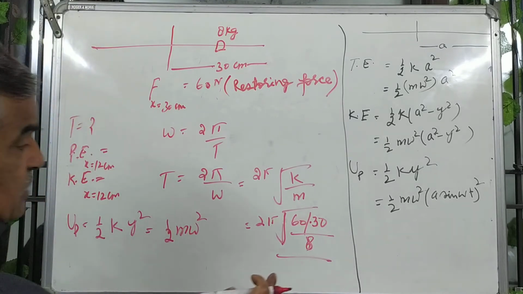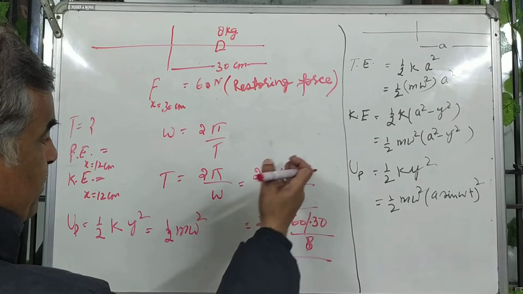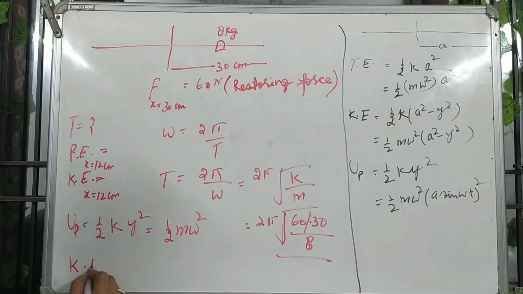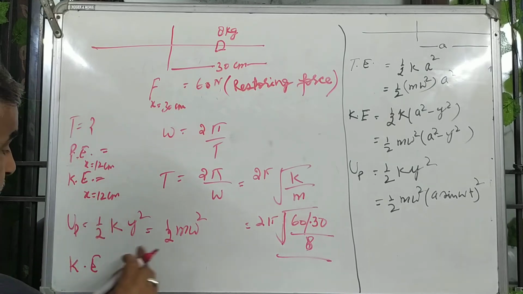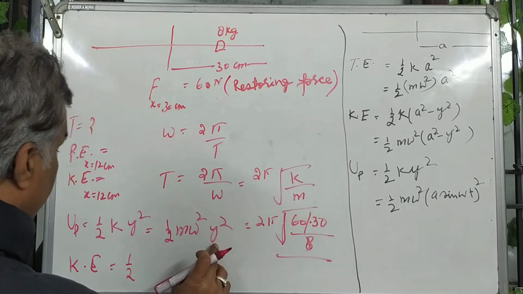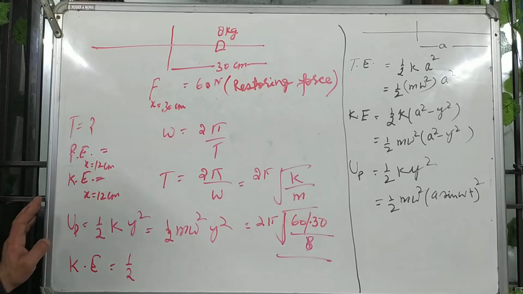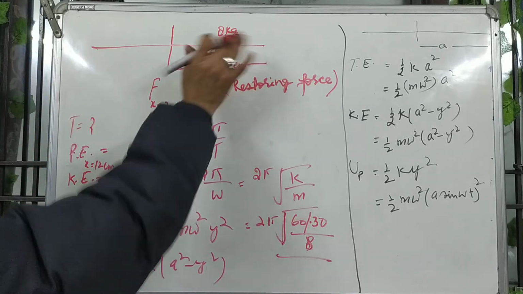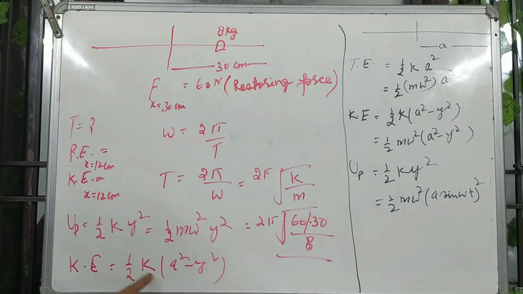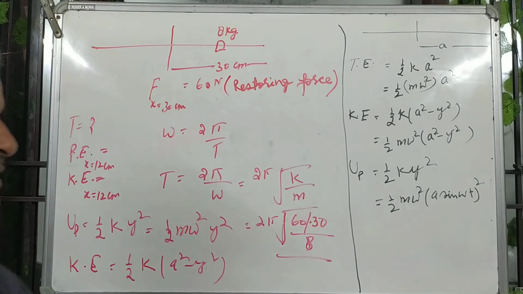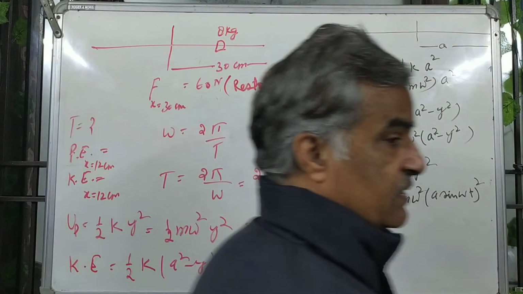You substitute the mass, which is given. And kinetic energy at x equal 12 centimeter is half k times (A square minus y square). In this A is 30 centimeter, y is 12 centimeter, and k is m omega square. You know that. So in this way, in this process we have to find the answer.